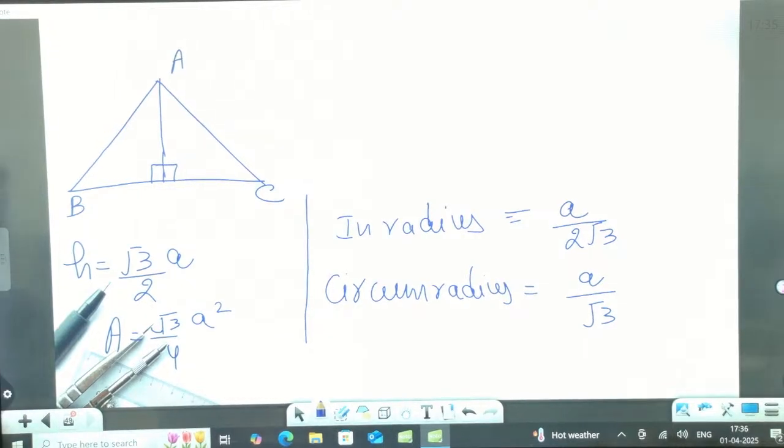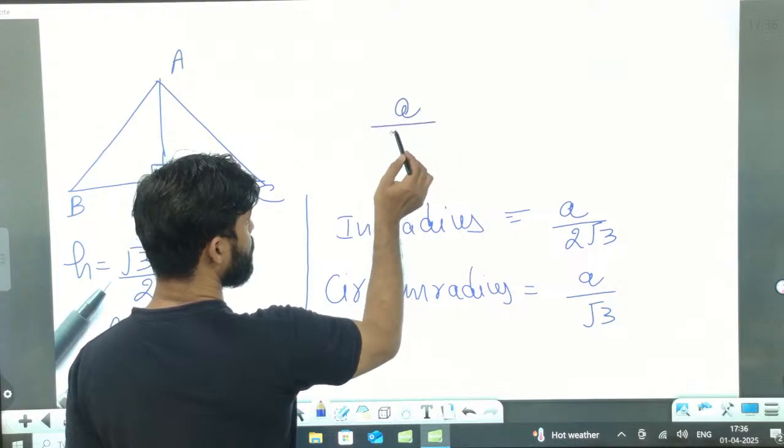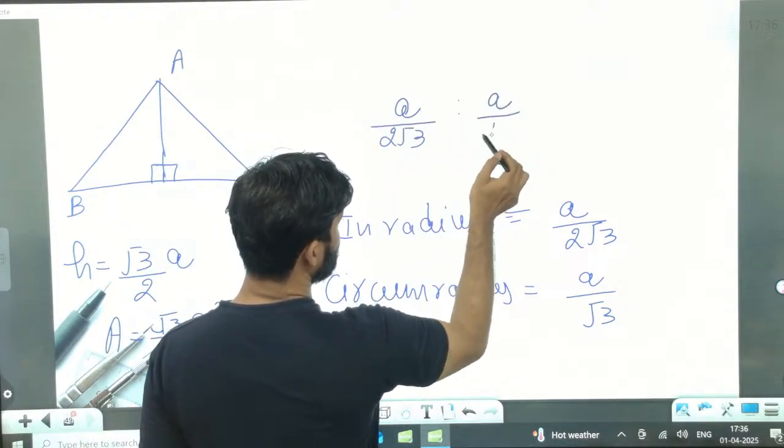Sometimes they ask the ratio of in radius and circumradius of an equilateral triangle, then what will it be? 1:2. How? This is a by 2 root 3 and this is a by root 3.